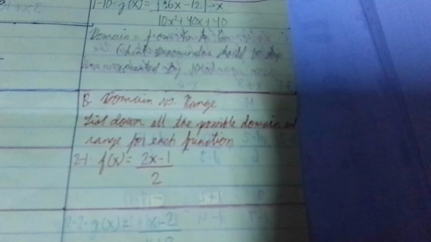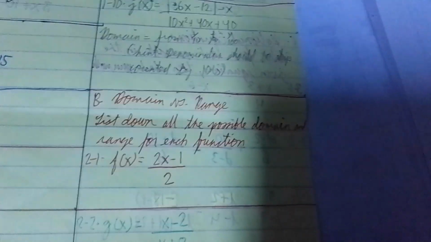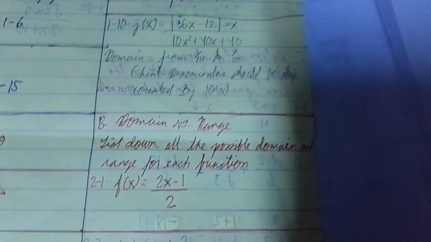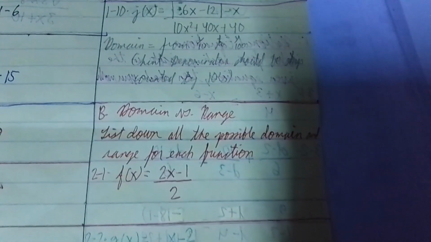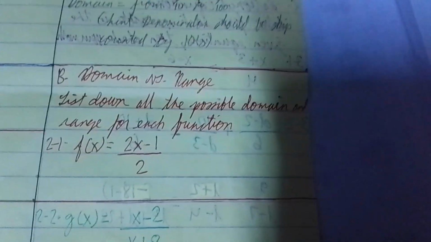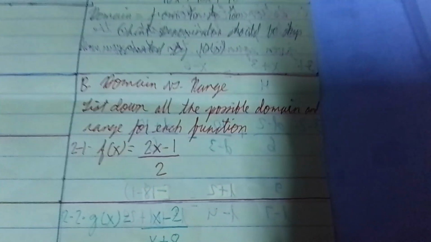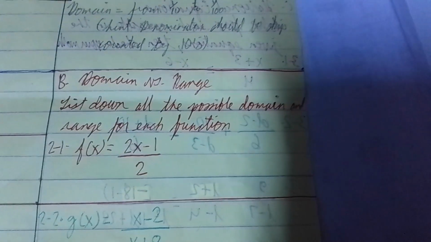So, number 1, alin yung domain dito? What is the domain in number 1? The domain in number 1 is very easy. Ang domain dito ay set of all real numbers. Kasi nga diba sabi dito, f of x is equivalent to 2x minus 1 divided by 2. So 2x minus 1 divided by 2, look, the function can be defined in many ways.